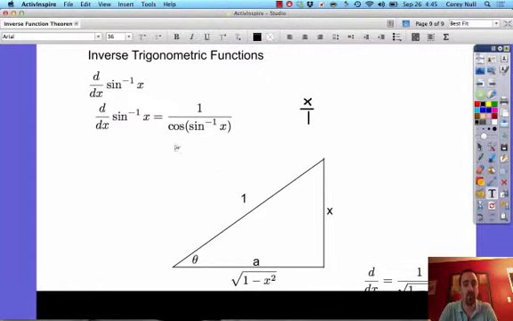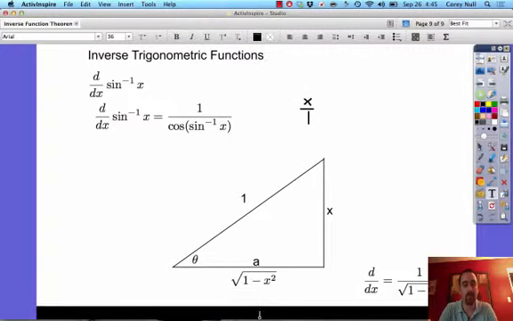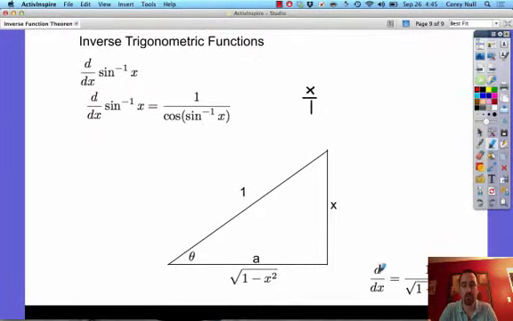So the cosine of this angle is the square root of 1 minus x squared over 1. So this denominator ends up being right here. So the derivative of the inverse sine of x is equal to 1 over the square root of 1 minus x squared. We're going to spend a little time with this one.